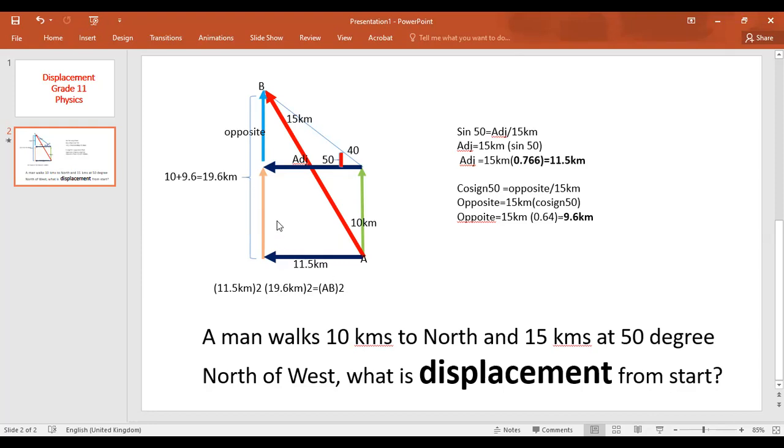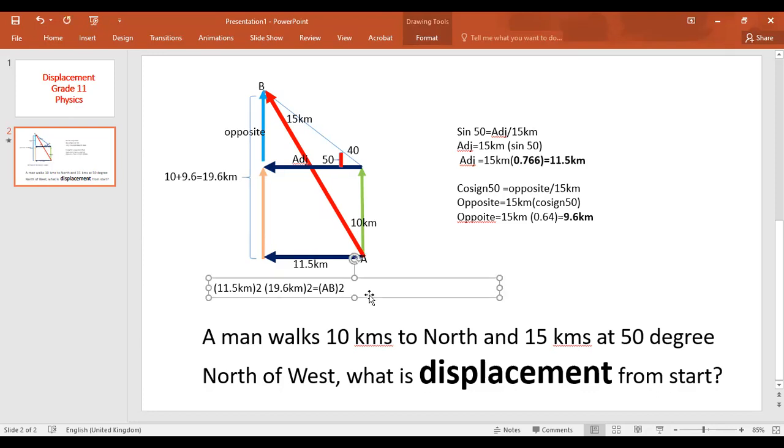So 11.5 over 19.6 can give us a tangent, and then we can look for the angle for that value of tangent. Or we can still calculate the hypotenuse, then we can go to sine, 11.5 over the hypotenuse.